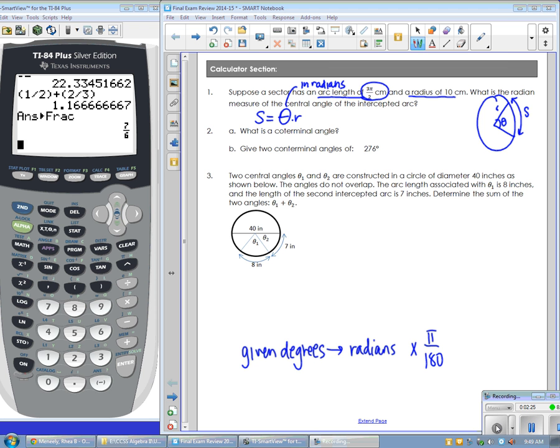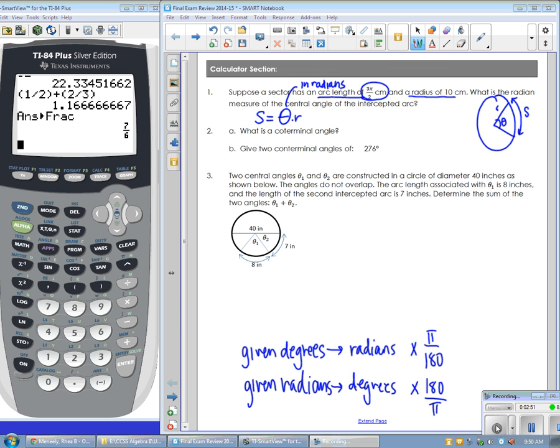So I would multiply my degrees times pi over 180. If I'm given radians and I want to change to degrees, that means I have a pi and I want to get rid of it. And so I'm going to multiply my radians by 180 over pi, and that way my pi's will cancel. So if you're given theta and you need to use this formula and you're given the degrees, you need to put it back into radians.